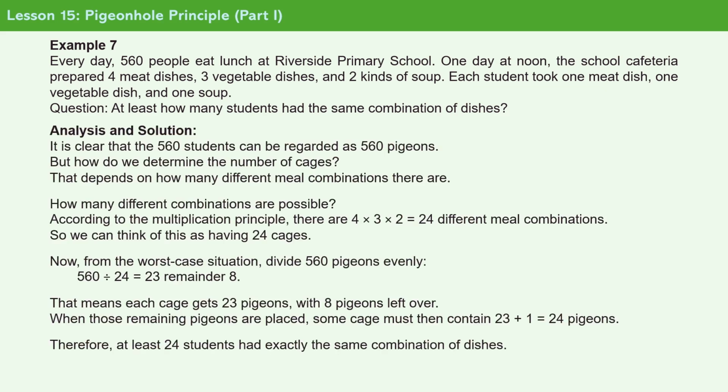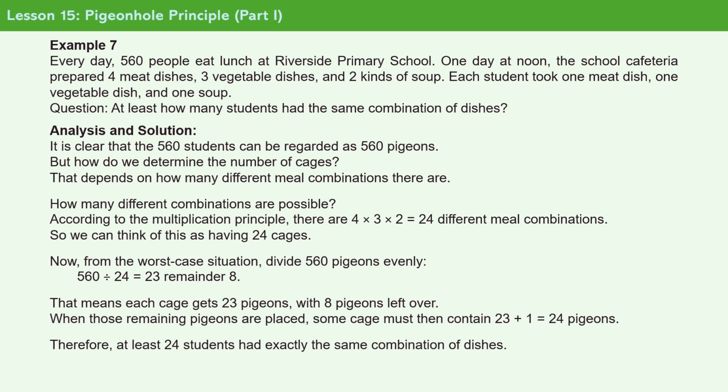It is clear that the 560 students can be regarded as 560 pigeons. But how do we determine the number of cages? That depends on how many different meal combinations there are. How many different combinations are possible? According to the multiplication principle, there are 24 different meal combinations. So we can think of this as having 24 cages. Now, from the worst case situation, divide 560 pigeons evenly by 24, we have 23 with remainder 8.